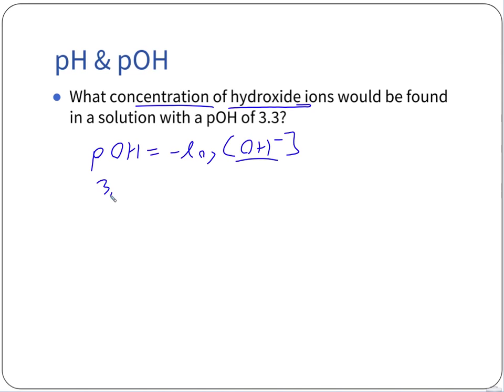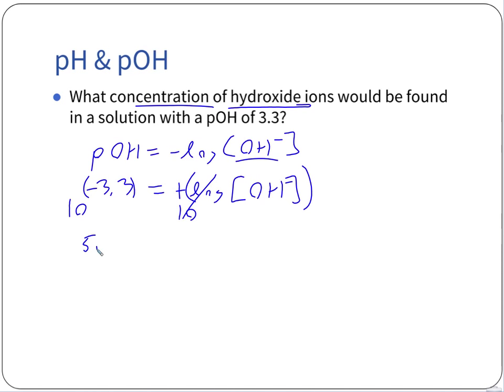So pOH is 3.3, no reason to take anything different, equals negative log of hydroxide in here. Once again, move our signs over, 10 to the power of this whole thing right up there. So those are going to cancel off right there. 10 to the negative 3.3 ends up being 5.01187 times 10 to the negative fourth molar.